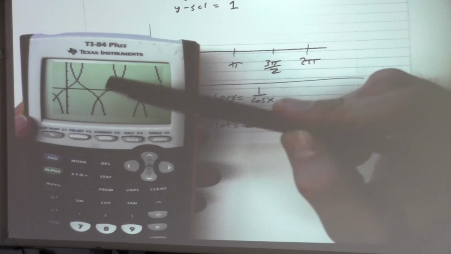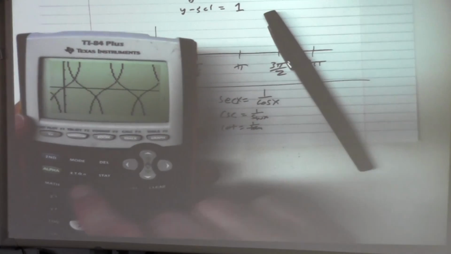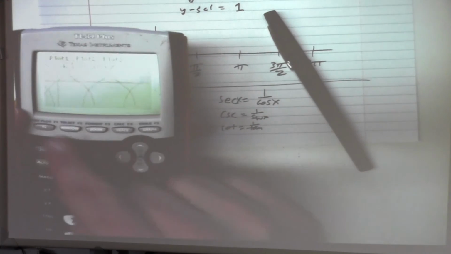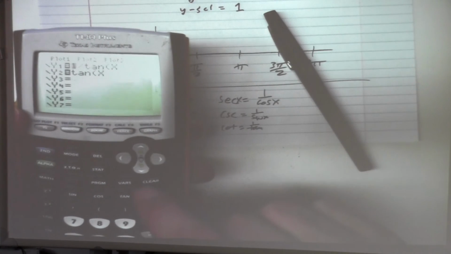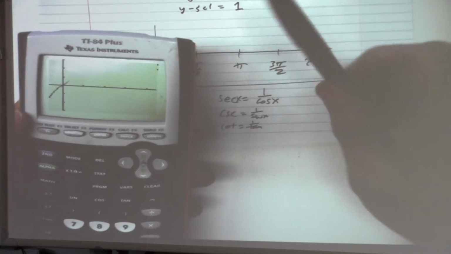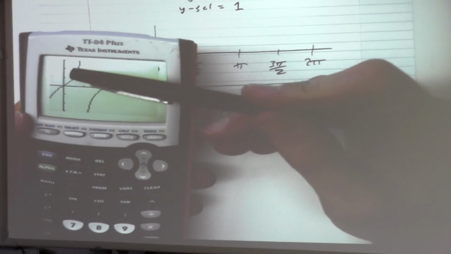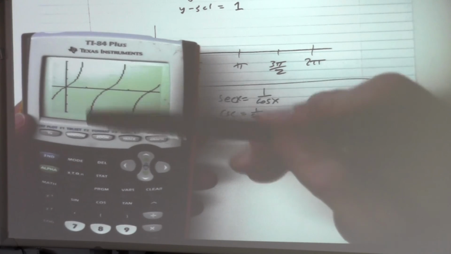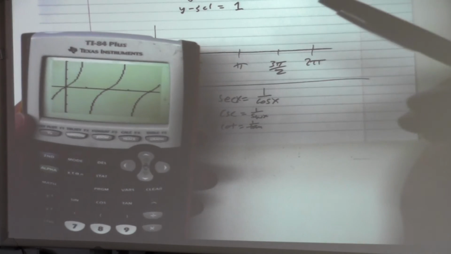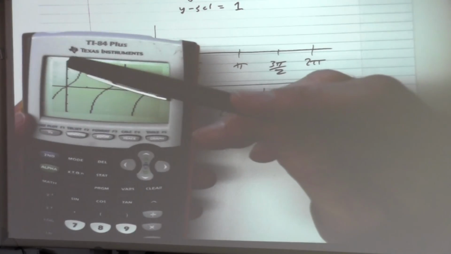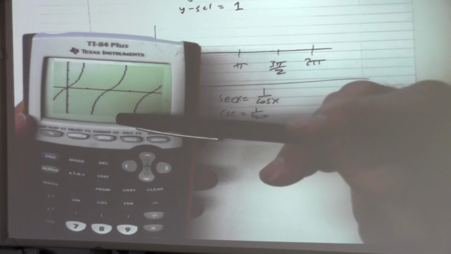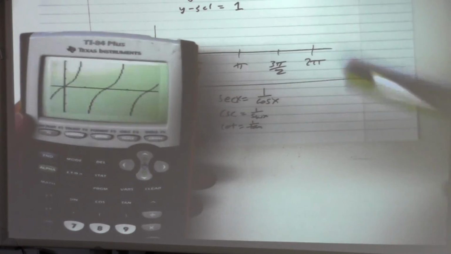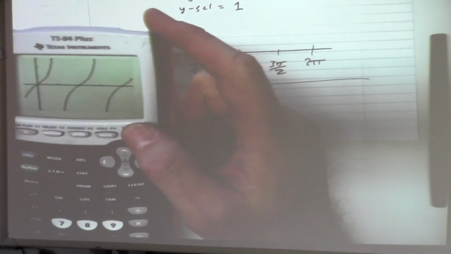So the asymptotes for the tangent ones are in between. Hard to see right now, so I'm going to delete that first one so we can see the tangent ones alone. So the asymptotes for this are pi over 2 and 3 pi over 2. Whereas the asymptotes for cotangent are 0 and pi. So inside those rectangles is where they're working.